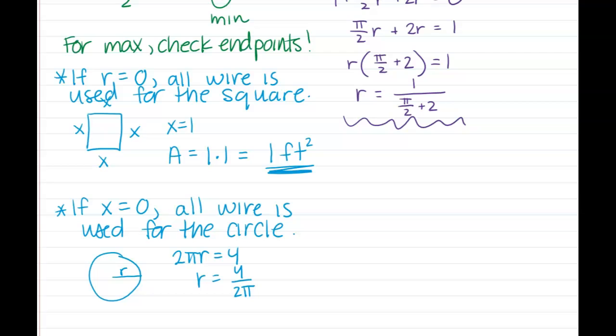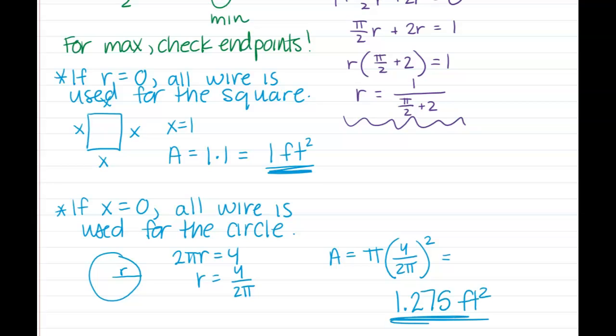You still with me? I have to assume yes. Okay, so if r is 4 over 2 pi, then the area of the circle is going to be pi r squared, or pi times 4 over 2 pi squared. And this ends up being, honestly, just use your calculator, or leave it like that. But it ends up being 1.275 square feet.